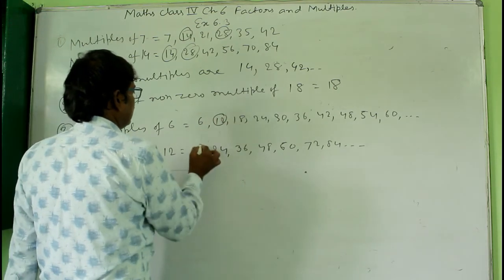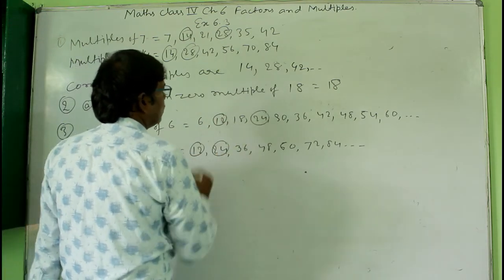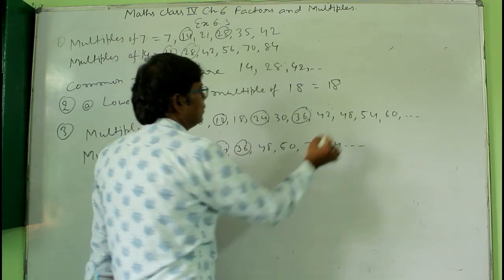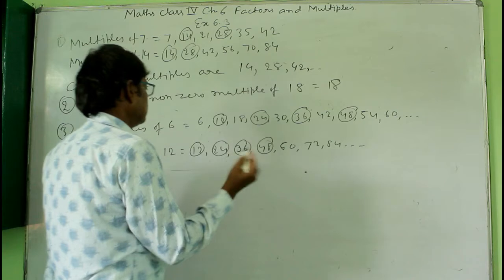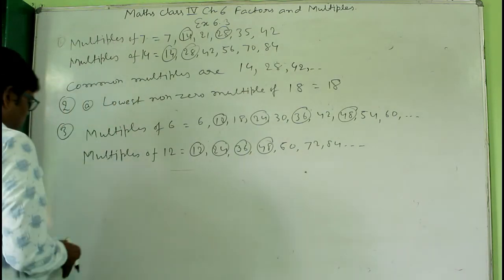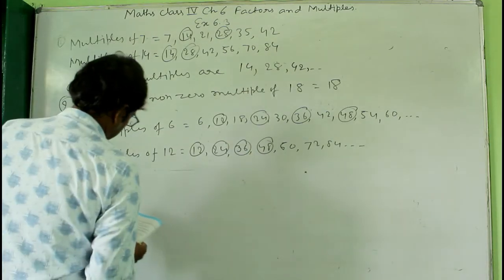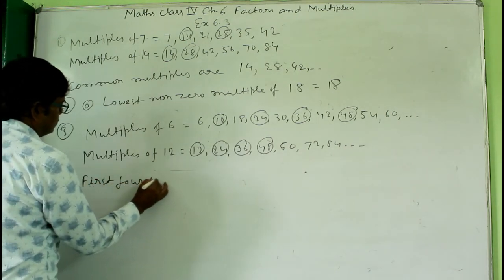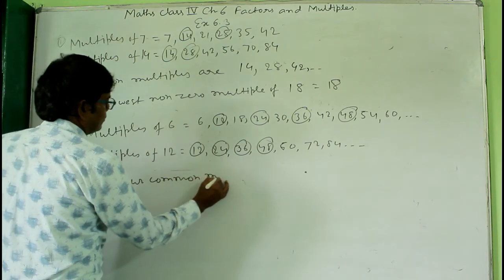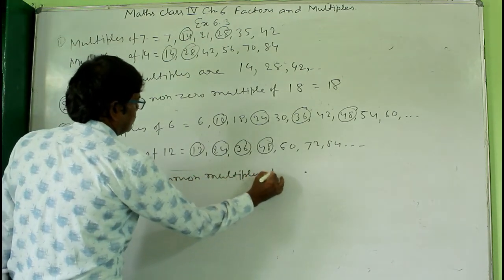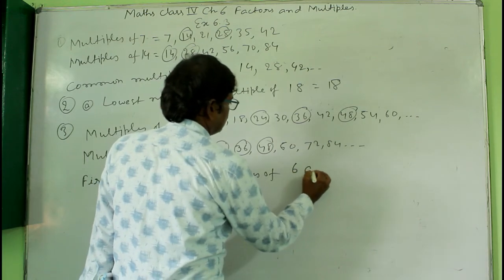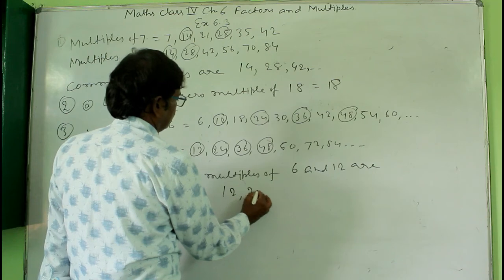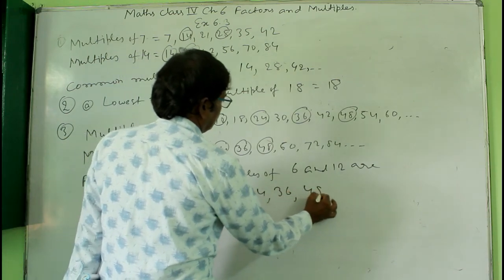So here see 12 and 12 are common. 24 and 24 are common. This is 3 here. Then 36 and 36 are common. Then you have 48 and 48 common here. So we have got 4. So the first 4 common multiples of 6 and 12 are 12, 24, 36 and 48.